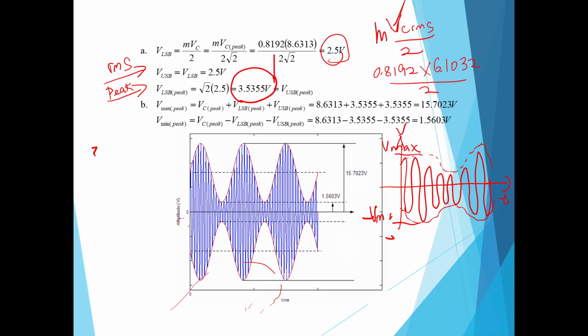Ada soalan nak tanya berkenaan dengan example ini? Do you have any question you want to ask? Previously, when students draw the waveform, they just draw this AM waveform without anything, without axis, without label.